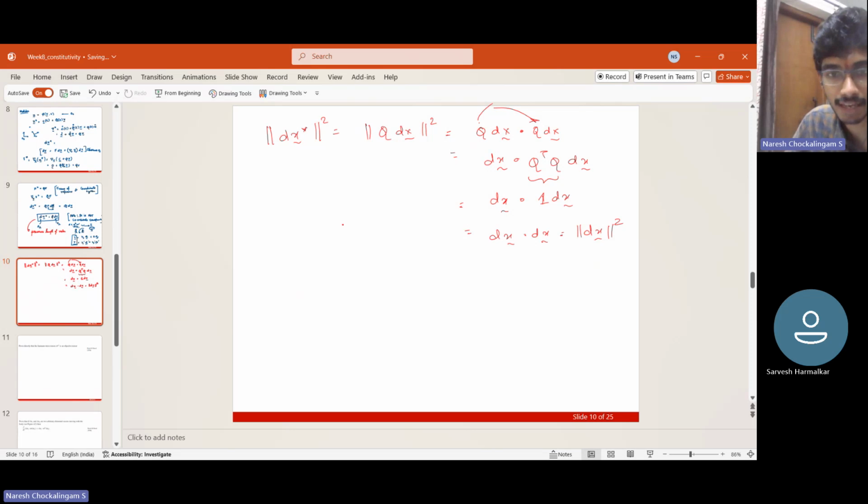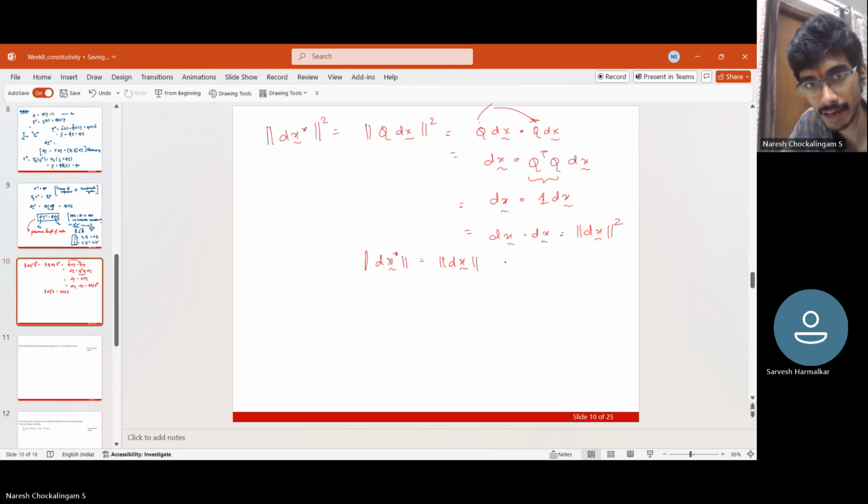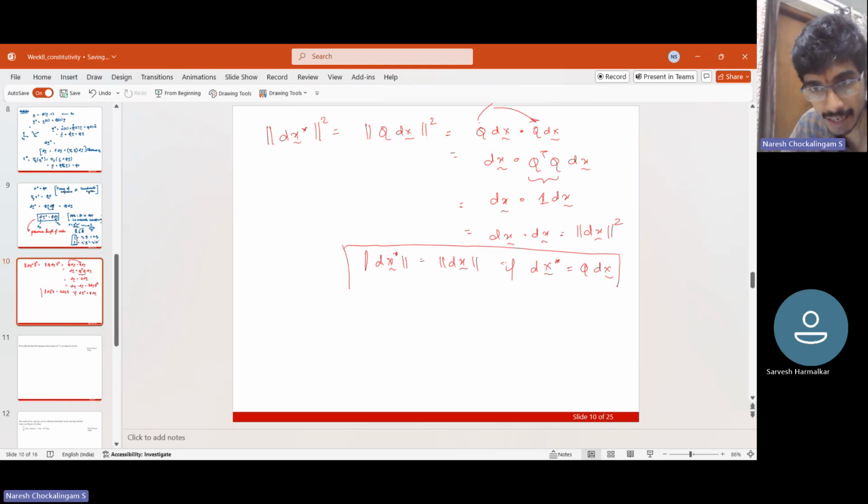So the squared lengths are equal, which means the length of dx star is equal to the length of dx if they transform as dx star is equal to Q dx. So what is interesting is that two different observers measuring an infinitesimal vector dx, if the infinitesimal vector dx star transforms this way, it is said to be objective.